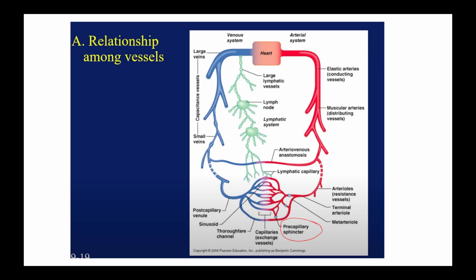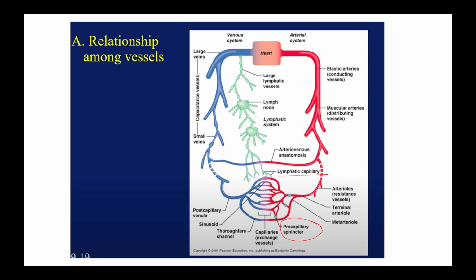Here in the capillary exchange we also have the lymphatic capillaries. When the blood reaches the capillaries, the plasma of the blood oozes out and goes to the lymphatic capillaries.